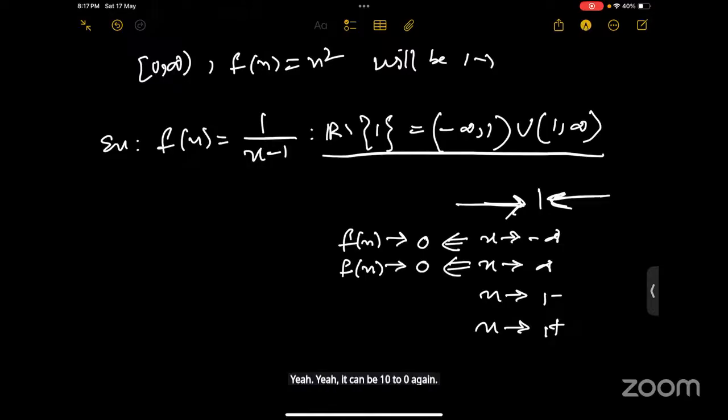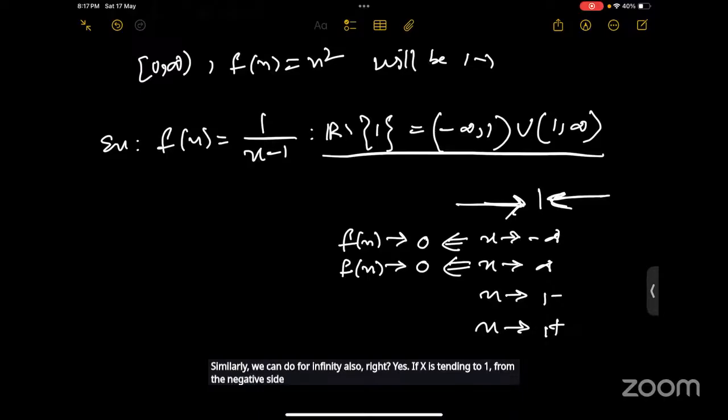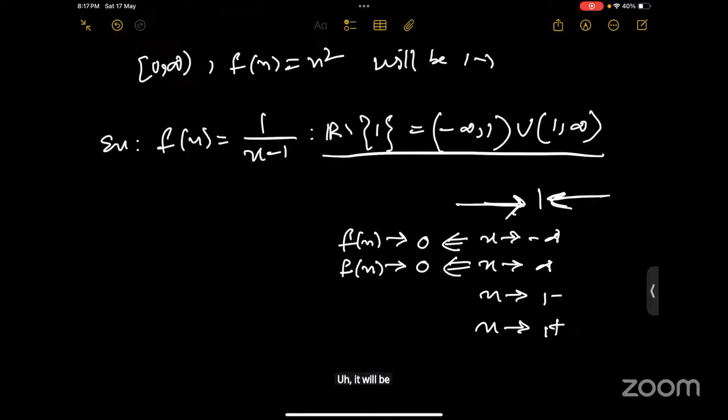If x is tending to 1 from the negative side, then what will be the behavior of f(x)? It will be infinity. You just need to think about whether it will be infinity or minus infinity. Oh, it will be minus infinity.